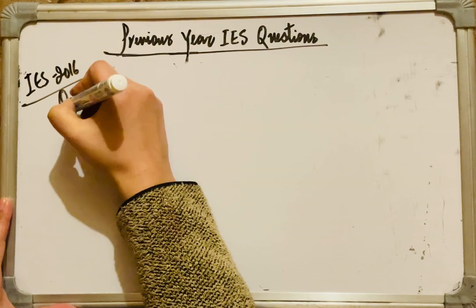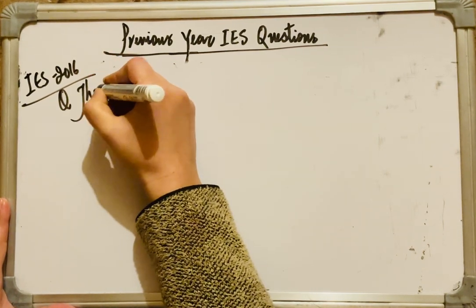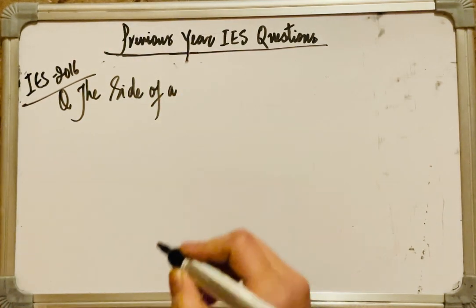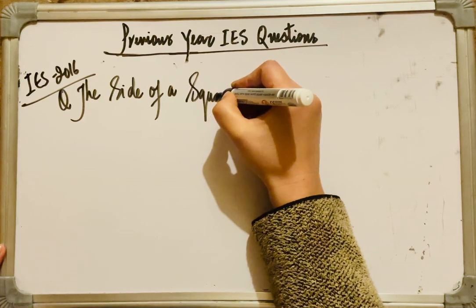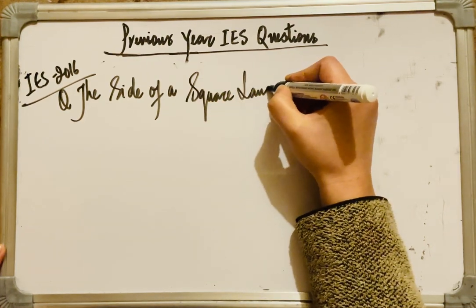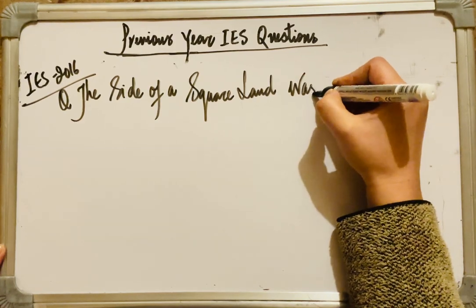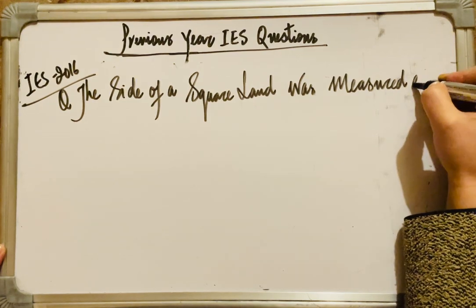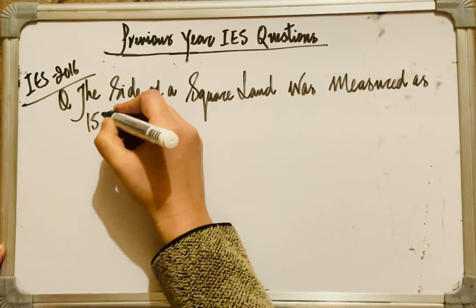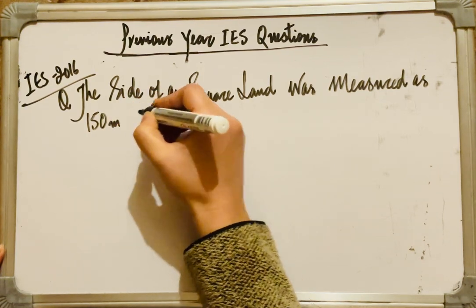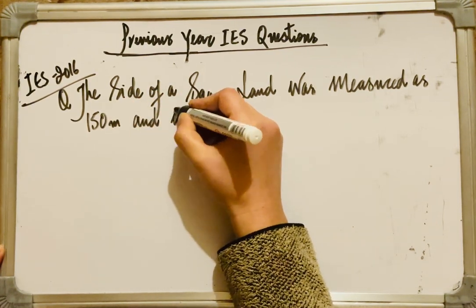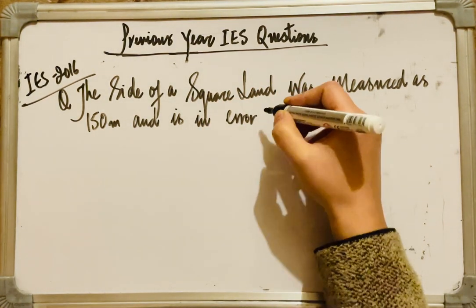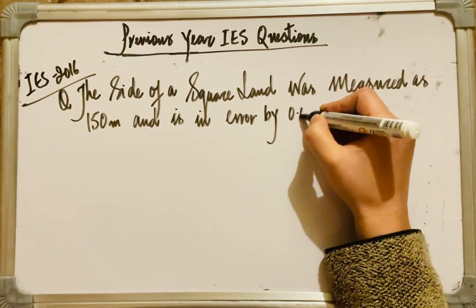And the question is, the side of a square land was measured as 150 meters and is in error by 0.05 meters.